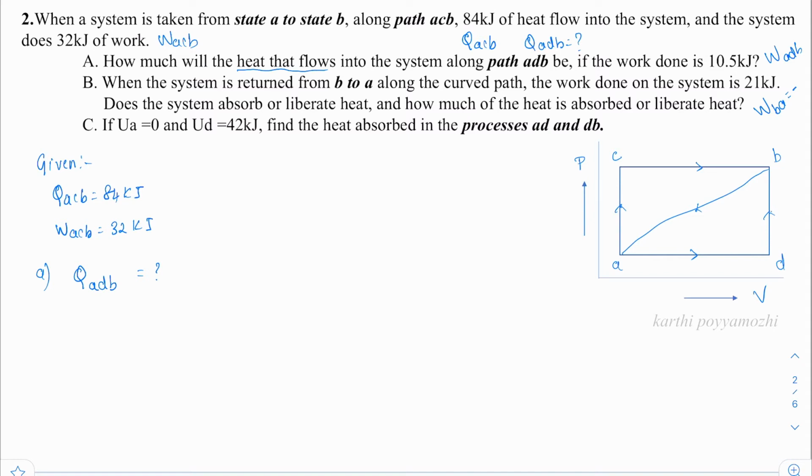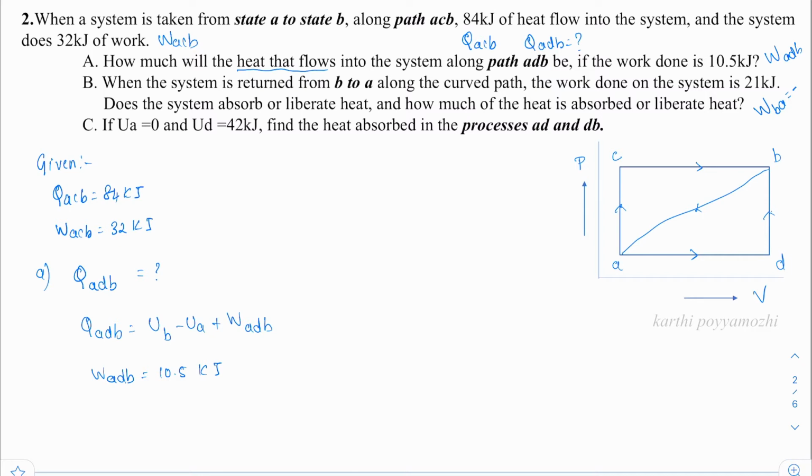And first, from the first law of thermodynamics, we have Q of ADB is equal to change in internal energy, UB minus UA, plus W of ADB. And we have the value of work done in this process, that is W of ADB is given, which is 10.5 kilojoule. Okay, but the value of heat transfer and the change in internal energy are unknown.